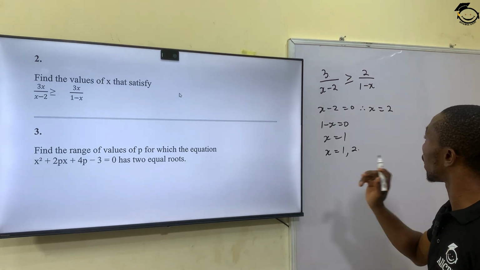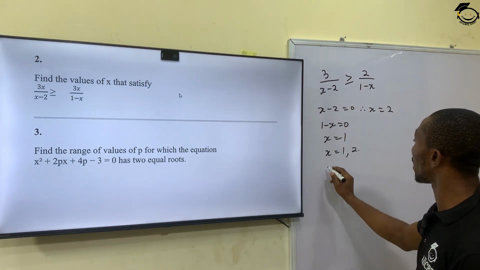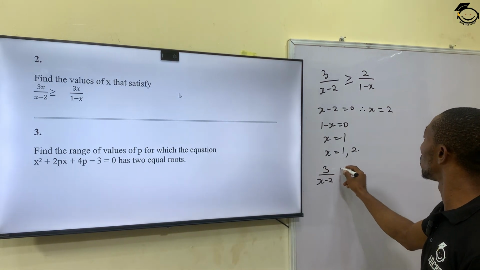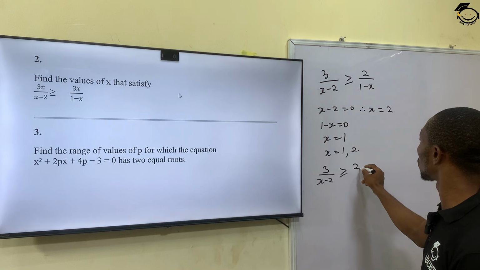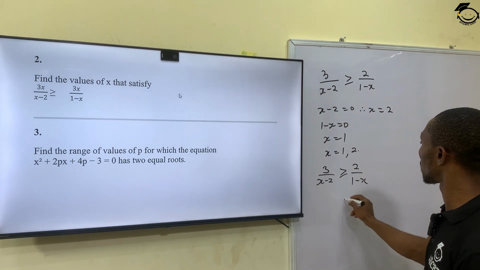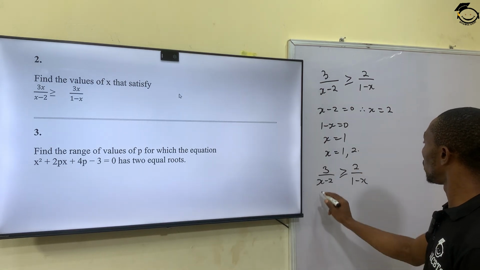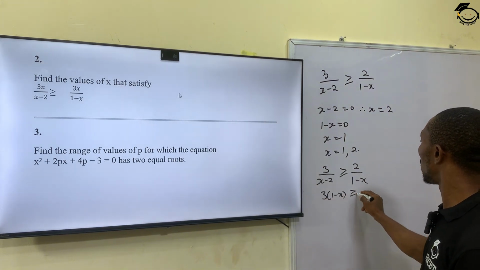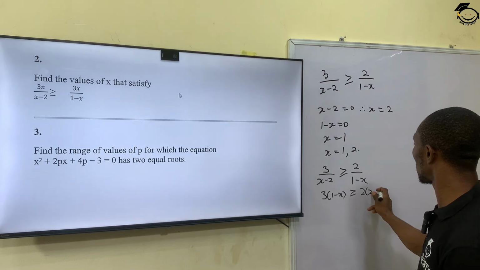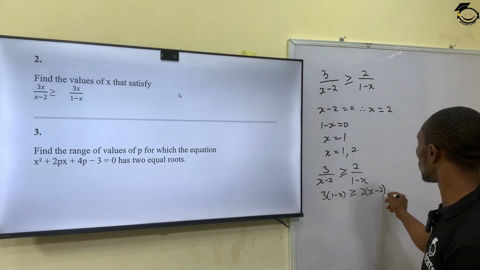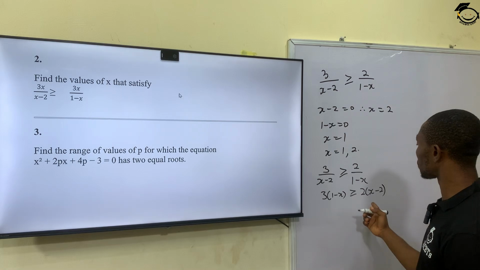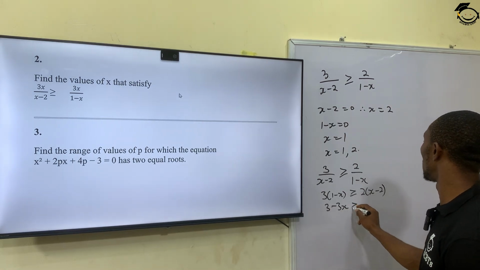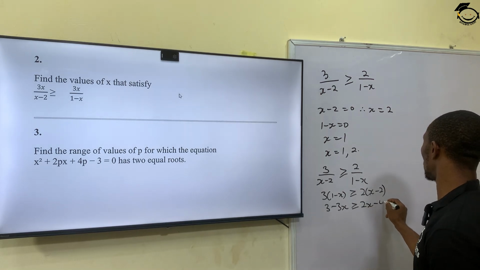So from here, we know that we have 2 points, x equals 1 and x equals 2. All right, now solving this, we have 3 over x minus 2 greater than or equal to 2 over 1 minus x. Now cross multiplying, this will give us 3 bracket 1 minus x and 2 bracket x minus 2. Okay, now this will have 3 minus 3x and 2x minus 4.